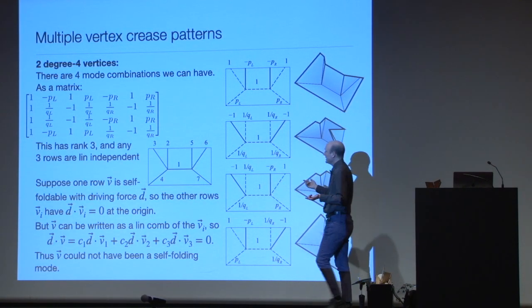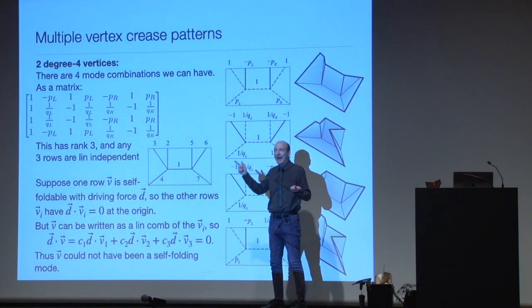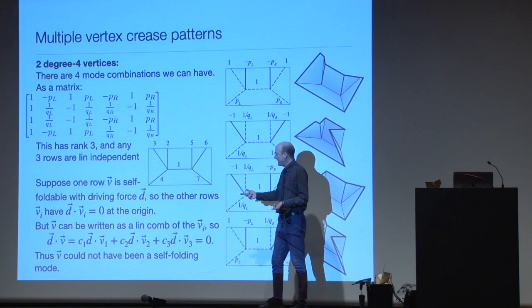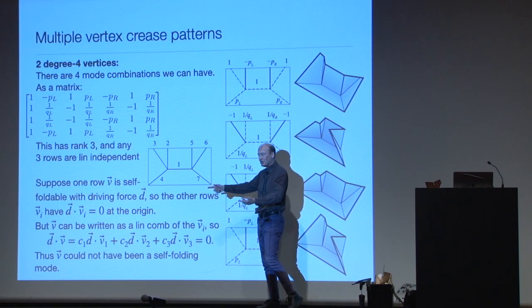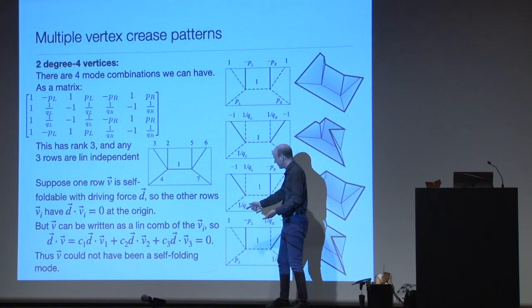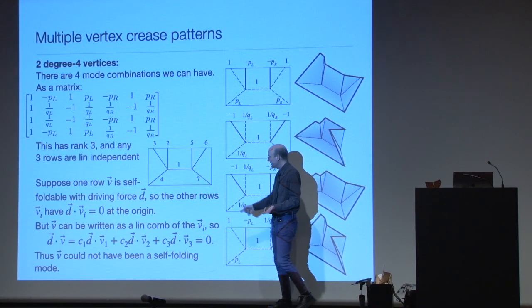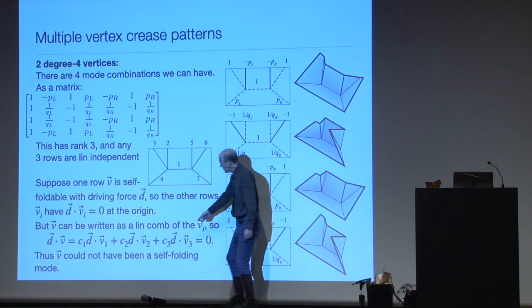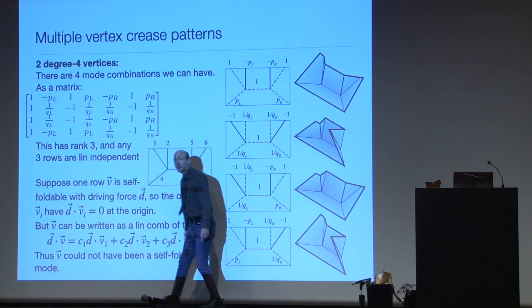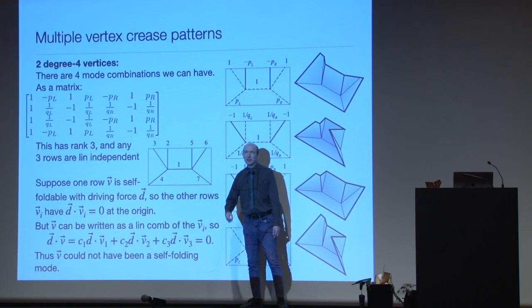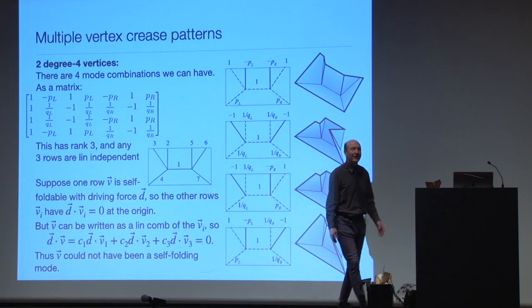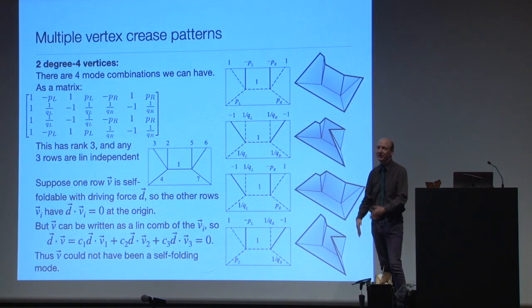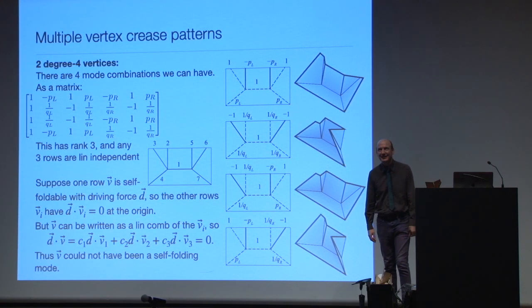So when I dot D with that row V, and then substitute V with its linear combination of the other 3 rows, which I'm calling V1, V2, V3, each one of them is supposed to have dot product 0. So I'll have dot product 0 with D also. That meant I wasn't even pushing along the V curve. So the linear algebra doesn't work for this.